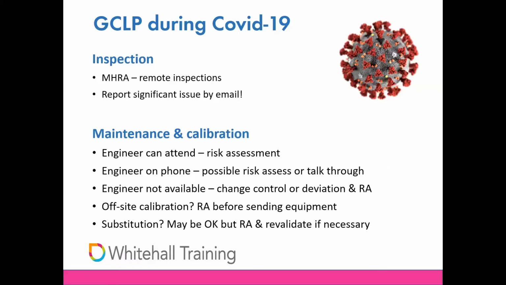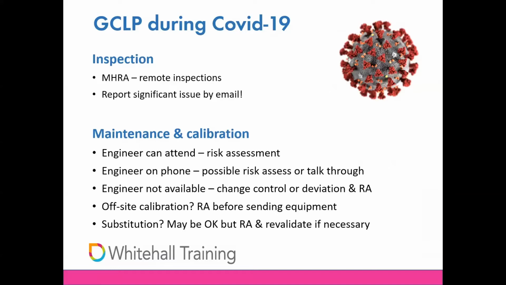If an engineer is not available to attend the site and remote supervision isn't possible, you need to do a change control or deviation and a risk assessment. It's possible that you could get equipment calibrated off-site, but if you're going to do that, do a risk assessment before any equipment is ever sent out.